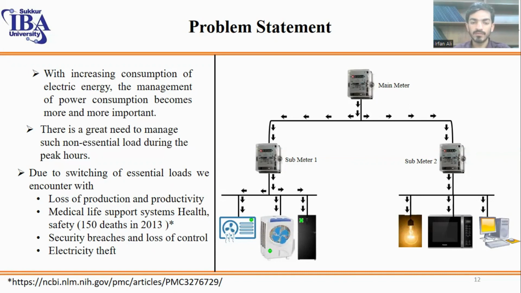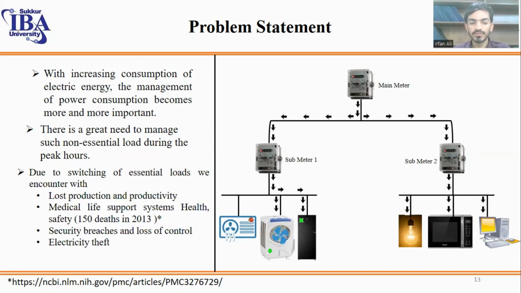Now, what we want is that when there is an imbalance between generation and demand, the service provider must be able to interrupt the power of any of the loads. For example, the service provider is interested in interrupting the power of the air conditioner.